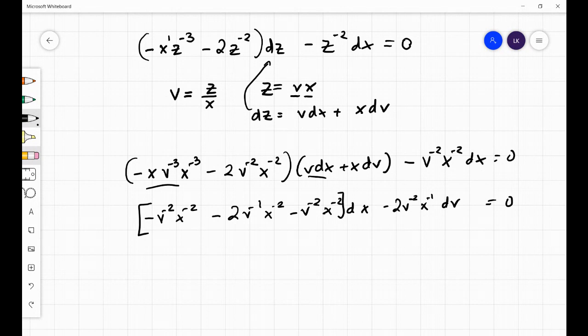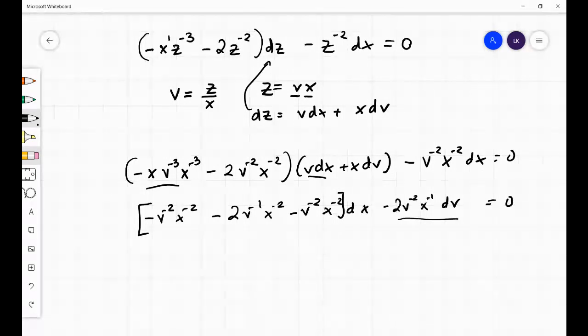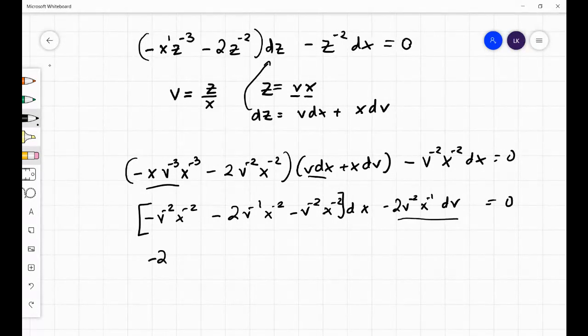And this is separable, so let's maybe leave the dv term on the left, but bring the dx term to the right.